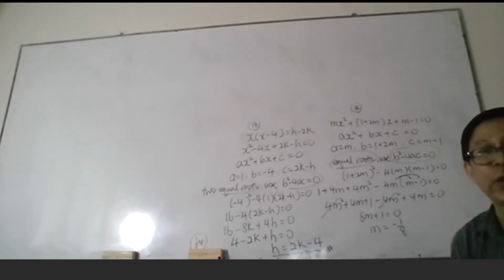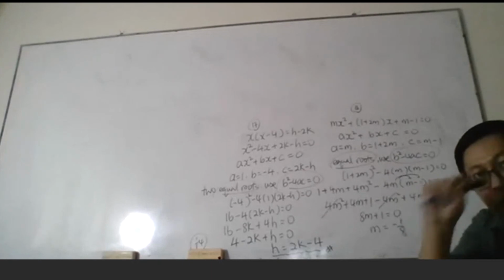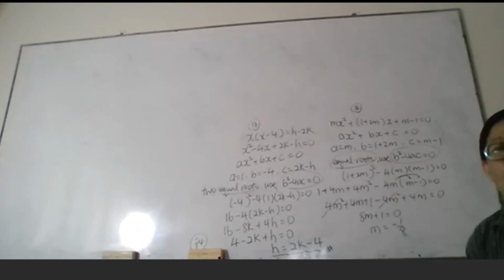Unlike distinct roots or no real roots, where you are going to get inequality. And the question says you need to find the range of the value of the unknown, which can be another letter, like the range of the value of p or even q.